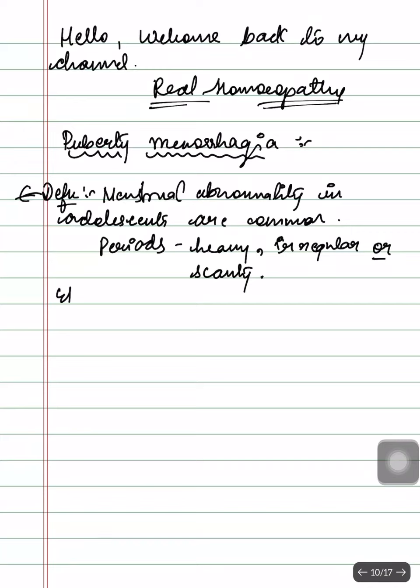The important causes of menorrhagia, which is the etiology, are five main causes.